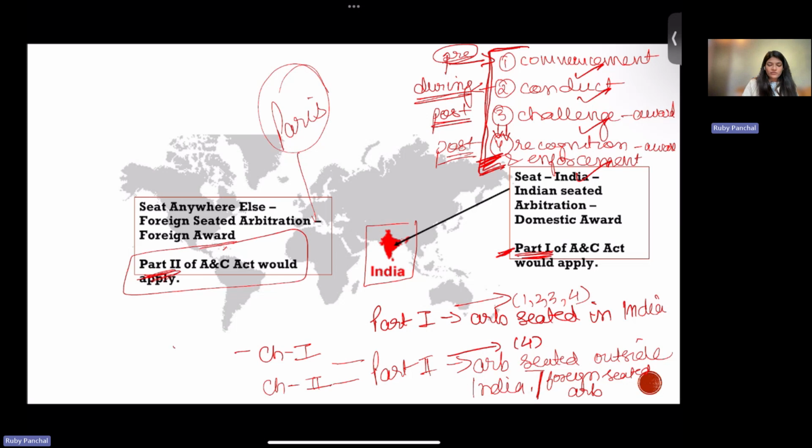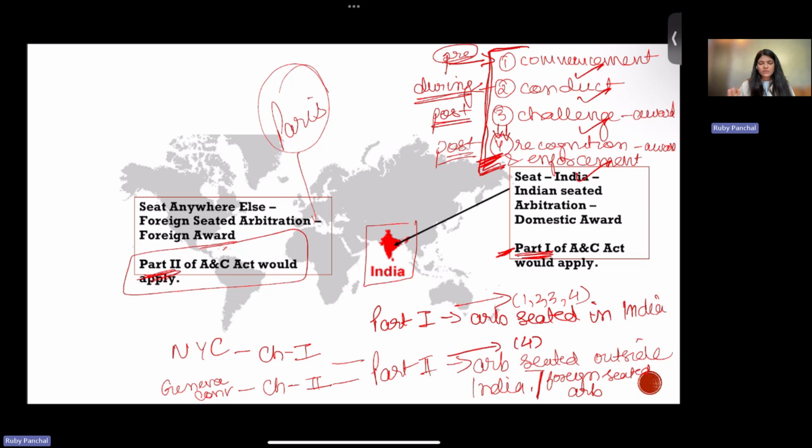Chapter 1 reflects ratification of the New York Convention, and Chapter 2 reflects ratification of the Geneva Convention for enforcement of foreign awards, right? Also make a note that Chapter 2's application, which is enforcement of a foreign award, is sort of redundant now since it has been overtaken by the New York Convention, right?